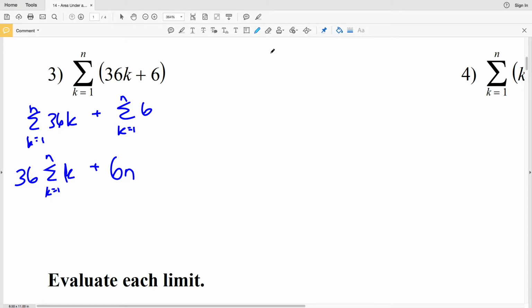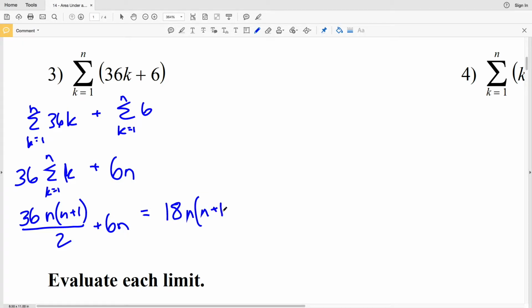Also remember that the sum of k from k equals 1 to n is equal to n times n plus 1 over 2. So I'll have 36 times n plus 1 all over 2 plus 6n. 36 divided by 2 is 18. So I'll have 18 times n plus 1 plus 6n.